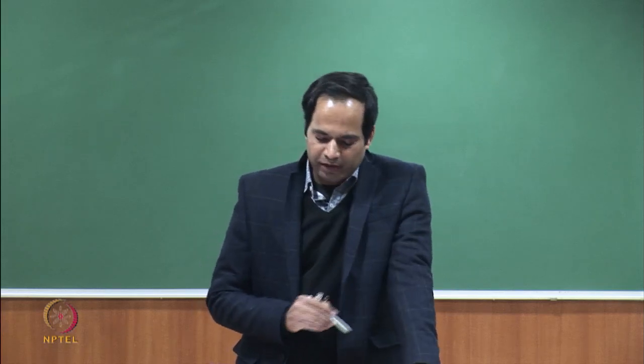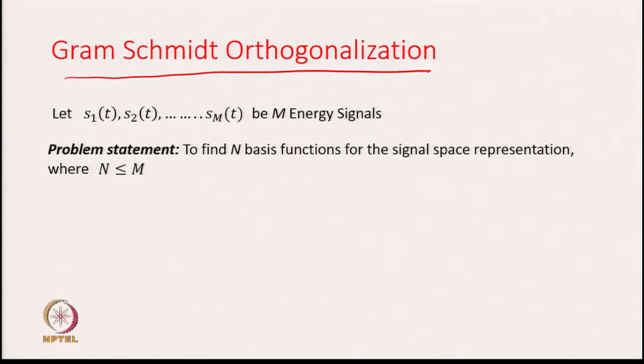What is the objective of this orthogonalization procedure? The idea is, let us assume that we have M energy signals. This is important, we have M energy signals, that means the energy of these signals is finite, and we want to find N basis functions for the signal space representation of these M energy signals.